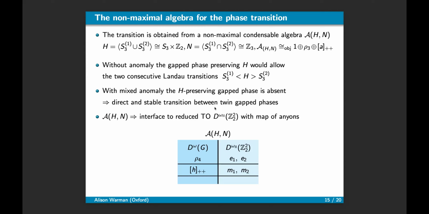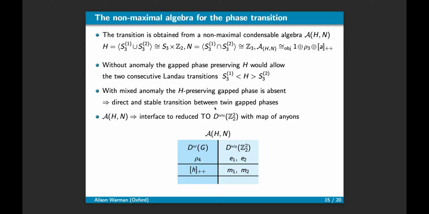Now, if we want to describe the phase transition between them, that's a problem if there's no anomaly. If the order parameters don't carry any charge under the other one, if there's no anomaly, it means that there exists a gapped phase preserving a subgroup H that contains both S3 subgroups.